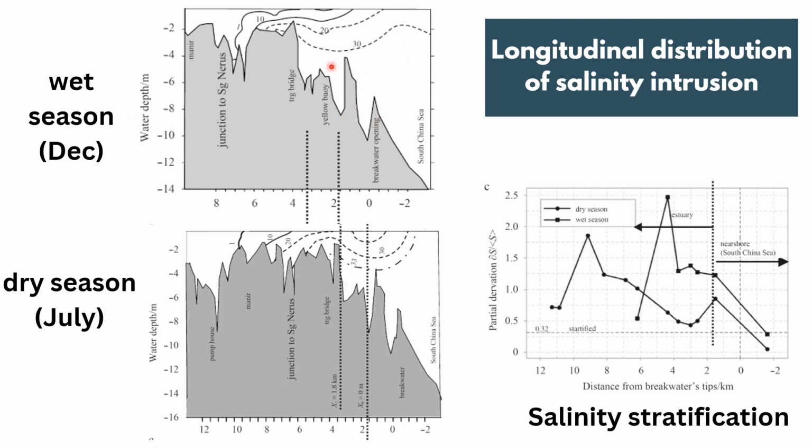So for the cross sections that we have here, on the right side is the sea direction, and then towards the left side, from here to here, they are moving further upstream. At this line here is the junction to Sungai Nerus, which is the Nerus River.